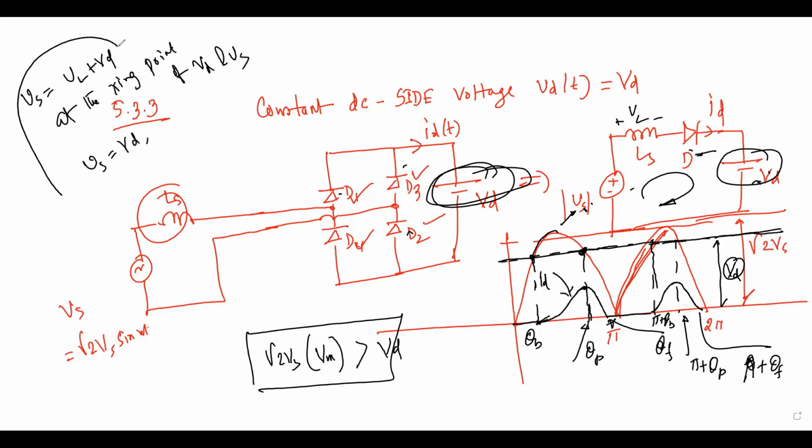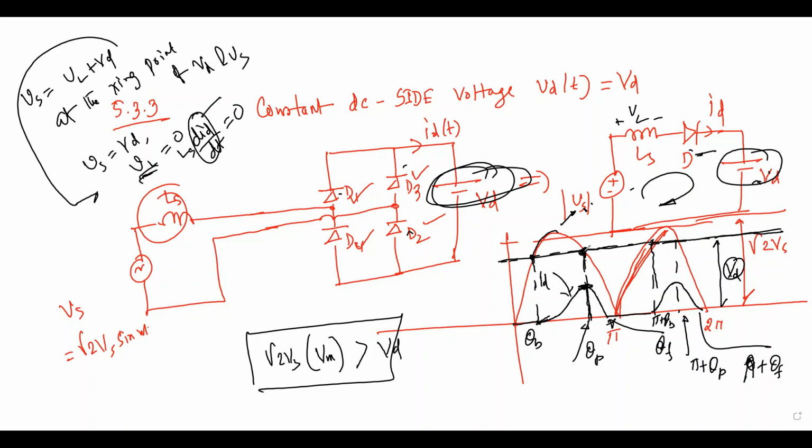Then from here we can write VL will be 0. Then Ls di by dt equals 0. So when the slope is 0, then VL will be 0. Since VL equals 0, the slope will be 0, and that is only at the peak value. That is why the peak value of the current occurs when Vs and Vd cross each other.